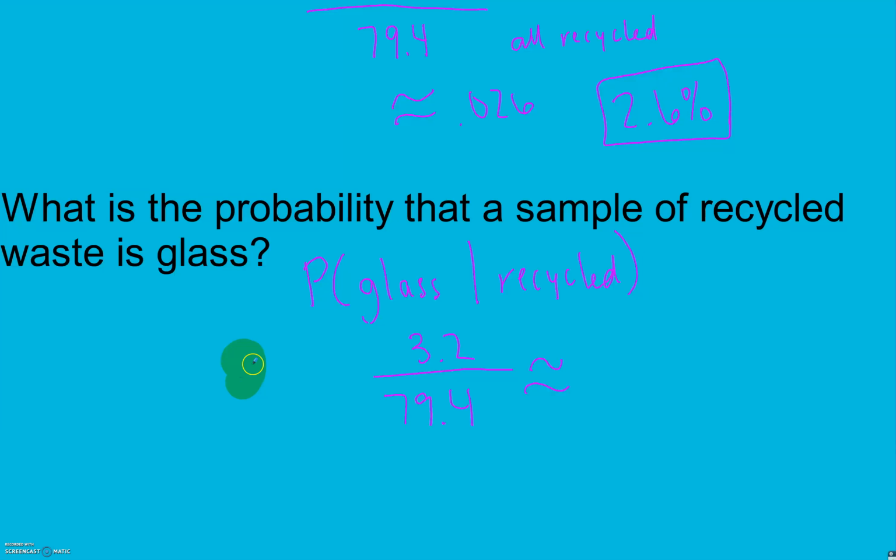Here we want glass and recycled, where they meet in our table, over all recycled. And here, 3.2 divided by 79.4 is approximately 0.0403, so about 4%.